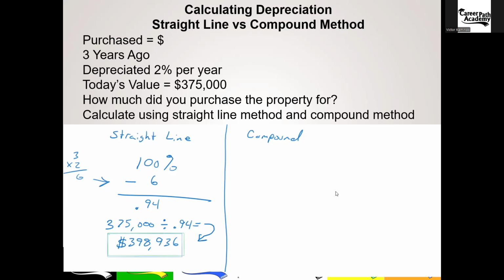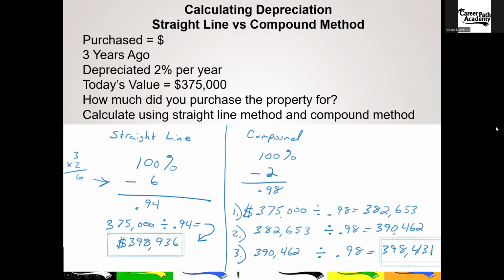Let's take a look. 398,431 I came up with. But yeah, so compound method, you take 100 minus 2, which is 0.98. Take today's value divided by that 0.98 3 times, right? And then you get 398,431. Probably just how the calculator rounded it.